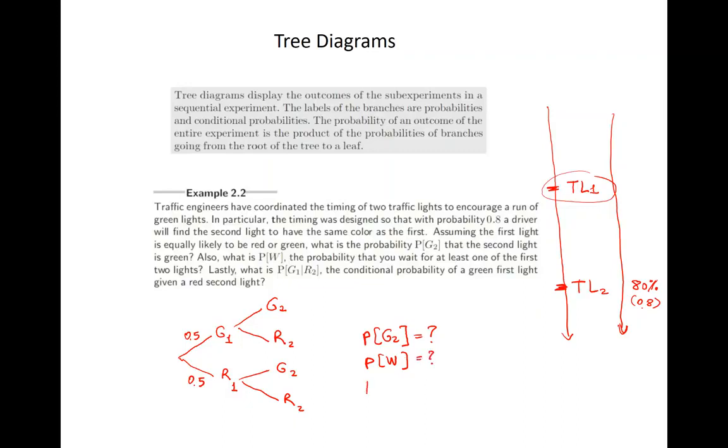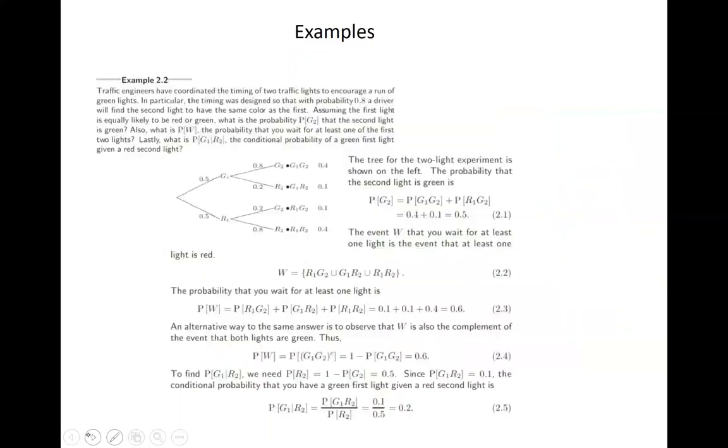And what is the probability of G1 given that R2? So what is the probability that you get a green light given that the second light is a red? Okay. In the next slide, we have the solution actually.